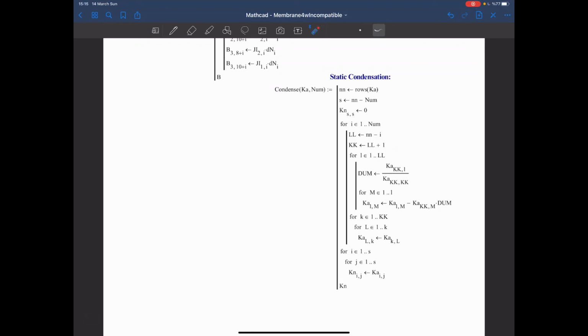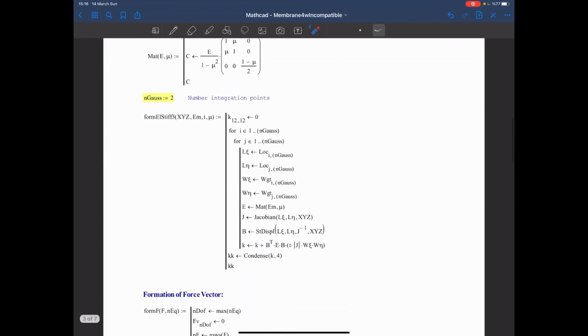Now I have the condensation routine here. This is a little different from what I described in the static condensation topic. There I was using matrix multiplication, but here this is actually an algorithm for an unfinished factorization. So I'm just factoring up to the first number of elements, and this will give me the condensed stiffness matrix.